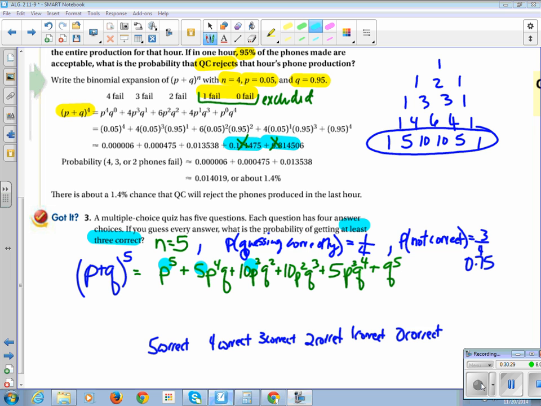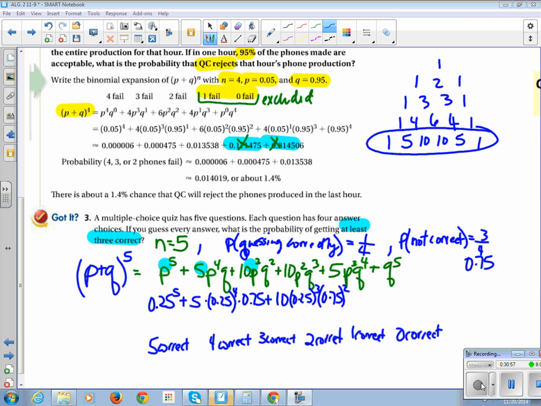So let's plug in the numbers. The probability of guessing correctly is 1/4 or 0.25. We got 5 times 0.25 to the 4th times 0.75 plus 10 times 0.25 cubed times 0.75 squared.